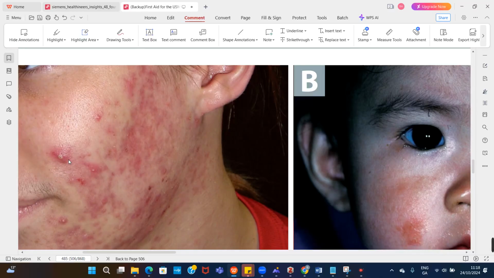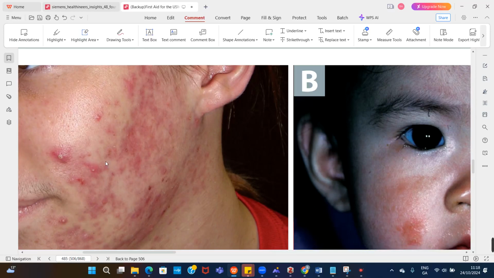That's why black comedones are called open comedones, and white comedones are closed comedones. At this point, all you have is lesions formed from occlusion of the pilosebaceous unit and colonization by Cutibacterium.